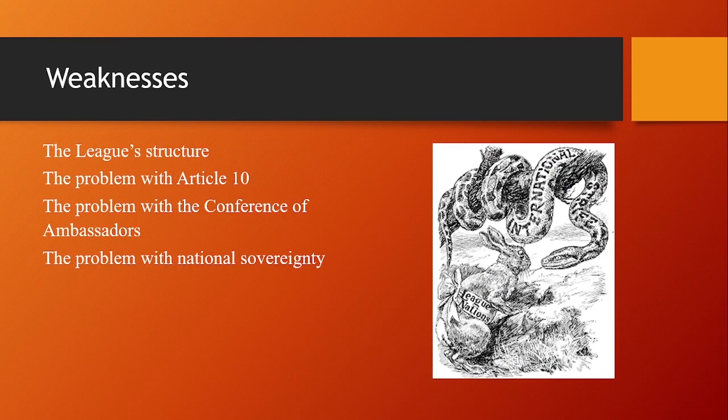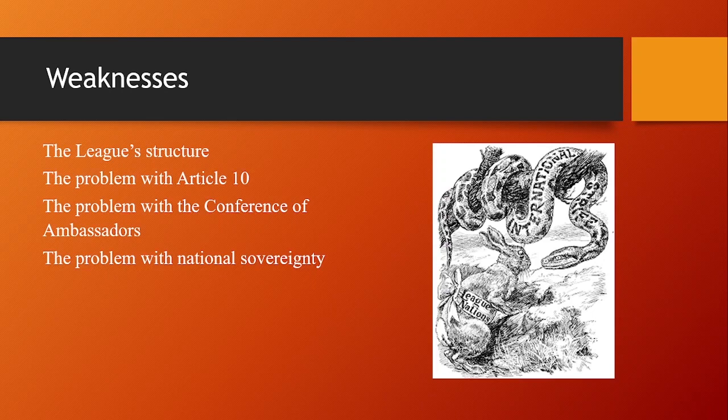And as for weaknesses, we've mentioned some of the structural problems already, and it was Article 10 that dealt with collective security that kept America out. But the Conference of the Ambassadors, set up as a temporary measure to give the League time to establish its authority, but kept going by Britain and France until 1931, is too often forgotten about.